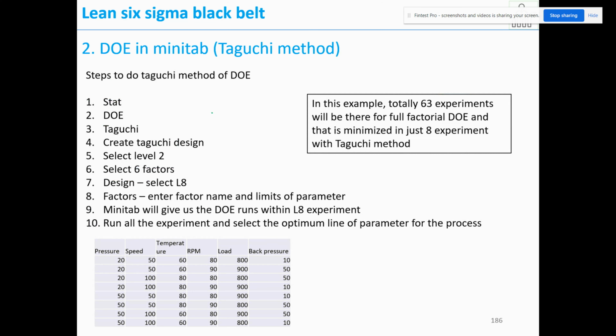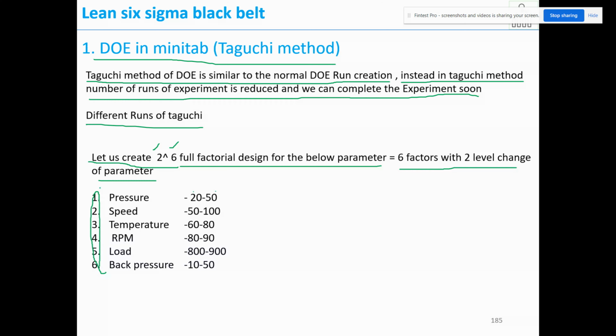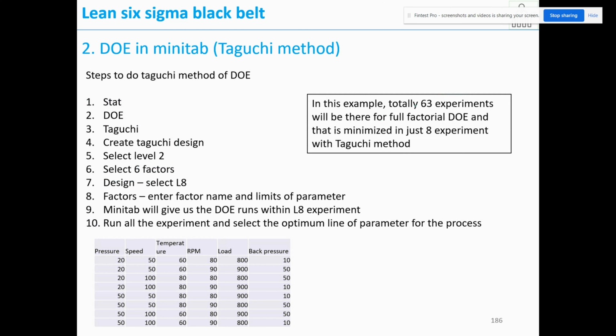Okay. Now if you create a normal design of experiment, full factorial, for changing 6 parameters for 2 levels, totally 63 experiments will come in the normal design of experiment. So Taguchi will give within 8 experiments all the maximum combinations. Now let us see the steps to do Taguchi method of design of experiment.